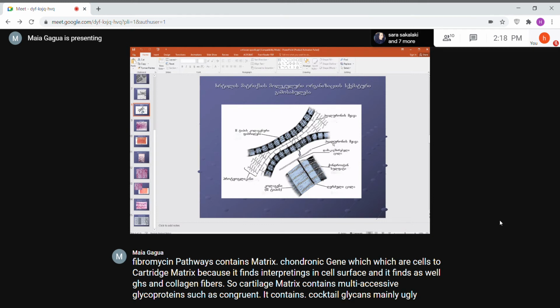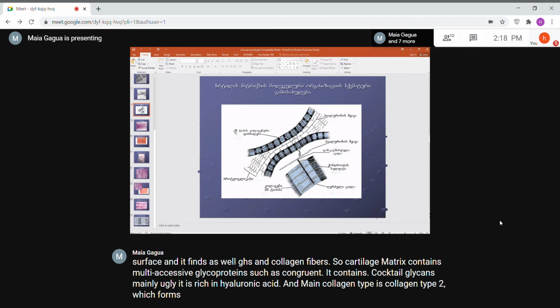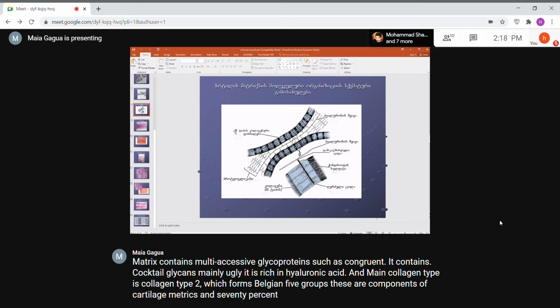It is rich in hyaluronic acid, and the main collagen type is collagen type 2, which forms collagen fibrils. These are components of cartilage matrix, and 70% of cartilage matrix is represented by water, by bound water.